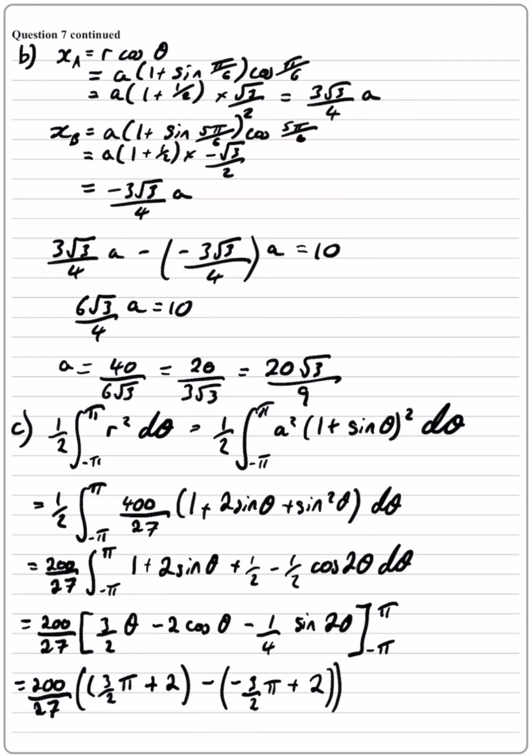The plus 2's will cancel, we'll get 3 over 2 pi, subtract negative 3 over 2 pi, which will come to 3 pi, so it's 200 over 27ths of 3 pi, which is 200 pi over 9, and that's the surface area.